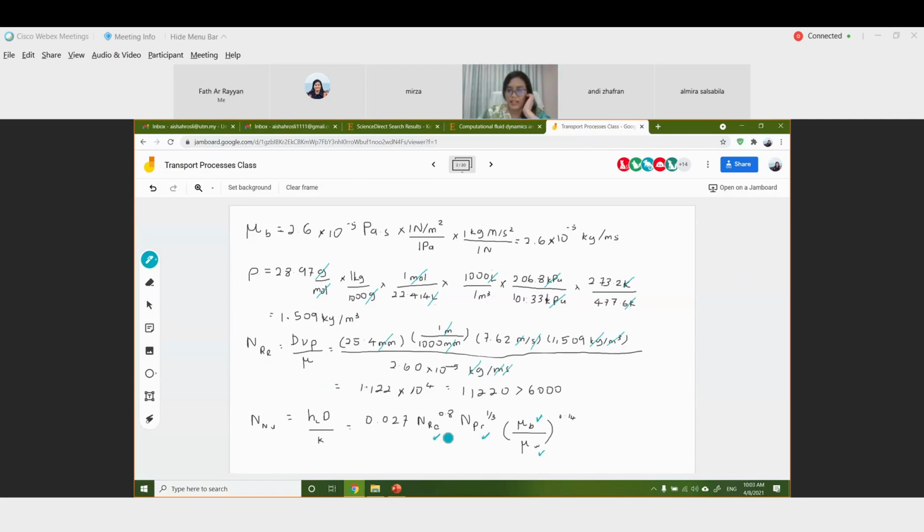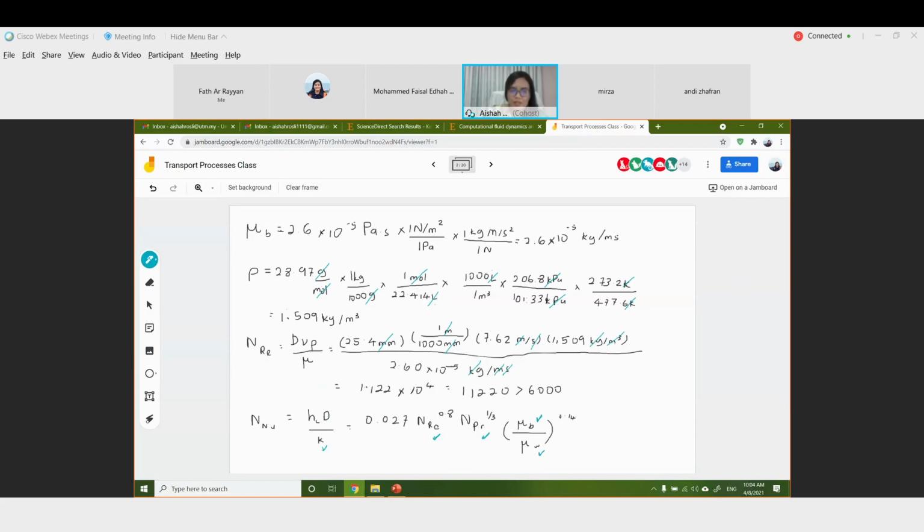What does the question ask for? Think about what else is given in the question. K, L over D, 60, we already know that. But what do we want to calculate from this equation?